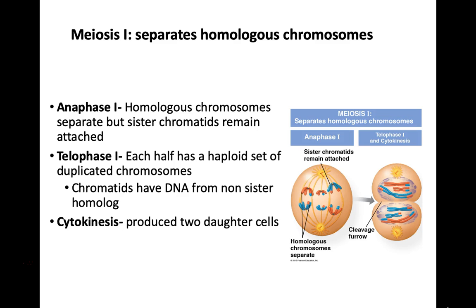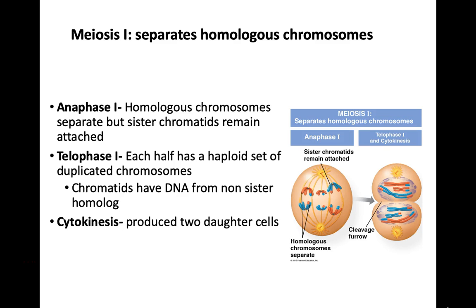Continuing on with Meiosis I, the anaphase and telophase phases are essentially the same, except that anaphase 1 pulls apart homologous chromosomes, and sister chromatids remain attached. Again, that's our difference from mitosis, as we separate homologous chromosomes.